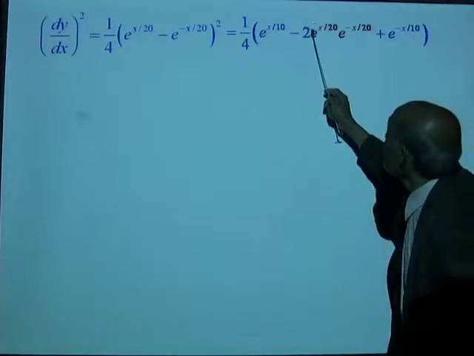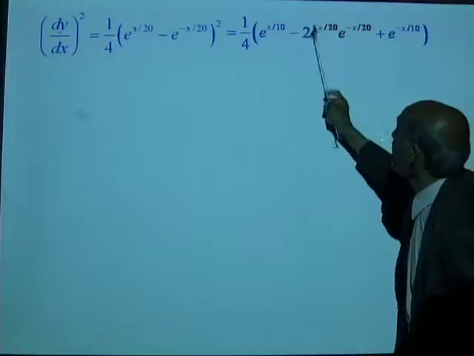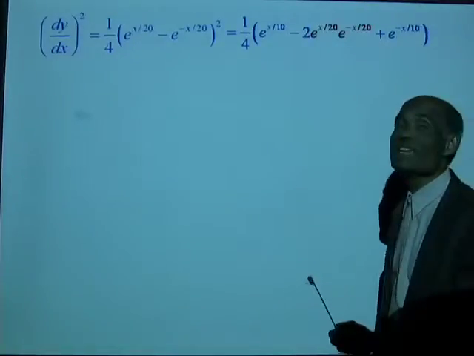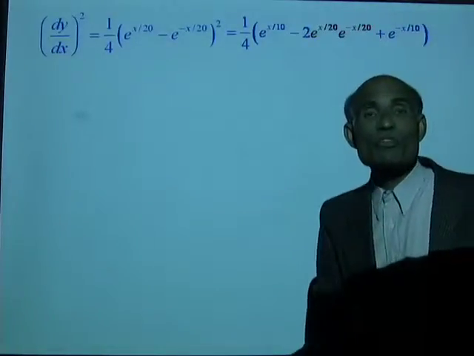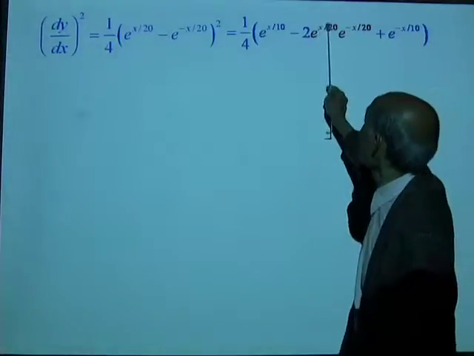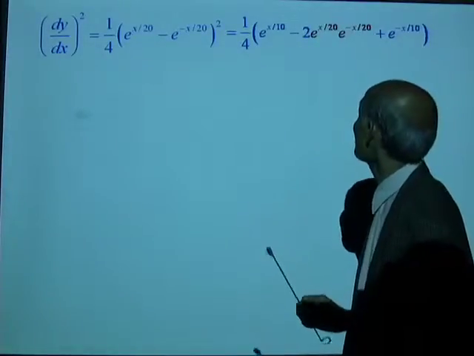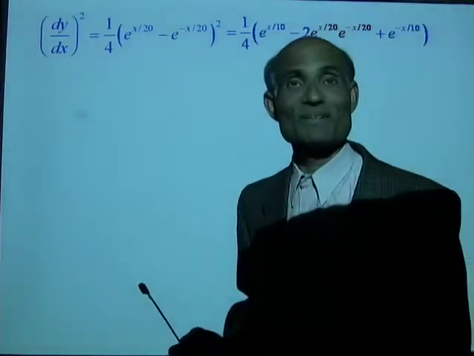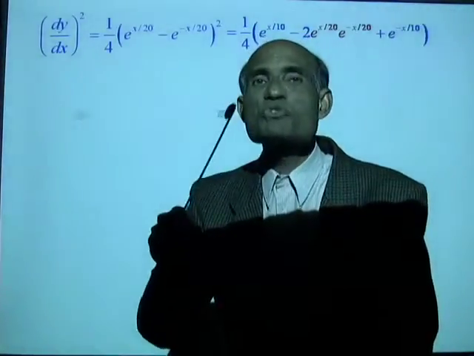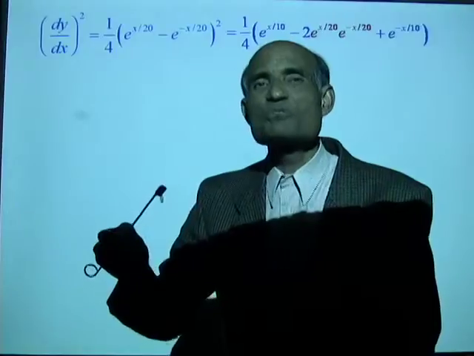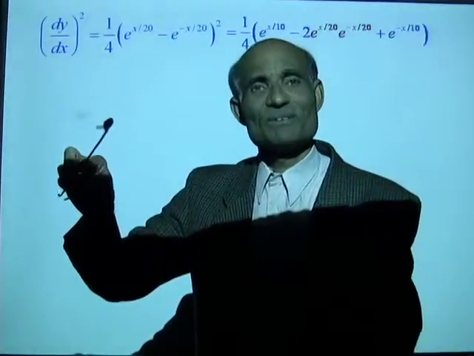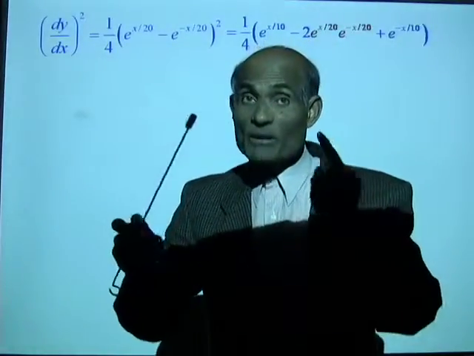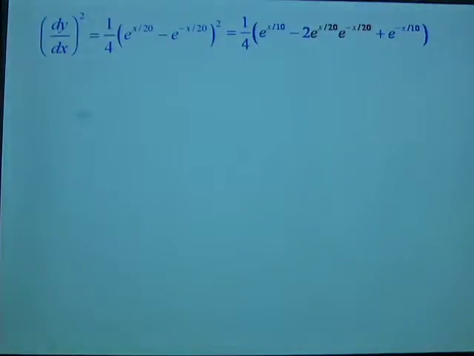Now, why have I used the red color here? What is the value of e to the power of x over 20 times e to the power of negative x over 20? What is x to the power of 2 multiplied by x to the power of negative 2? Now remember, when the bases are the same, let me show that to you.